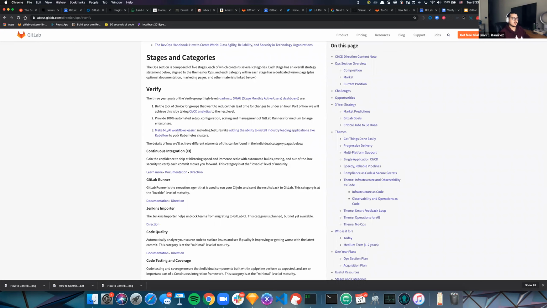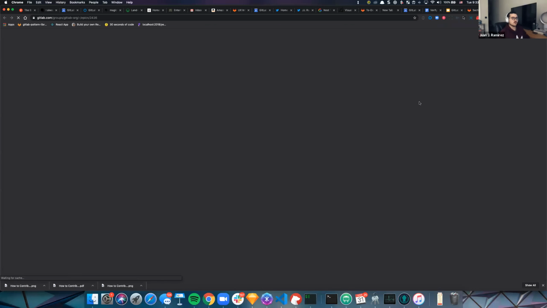And I'm curious if you guys have ever thought about this one in particular, making machine learning and artificial intelligence workflows easier, right? There seems to be even an epic about this.